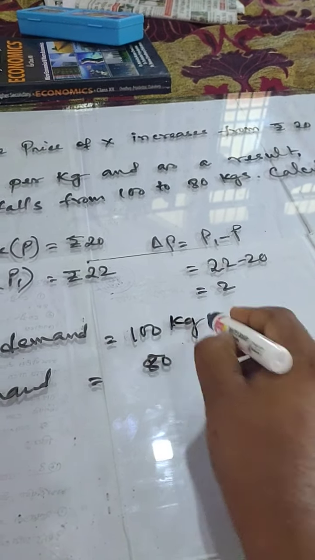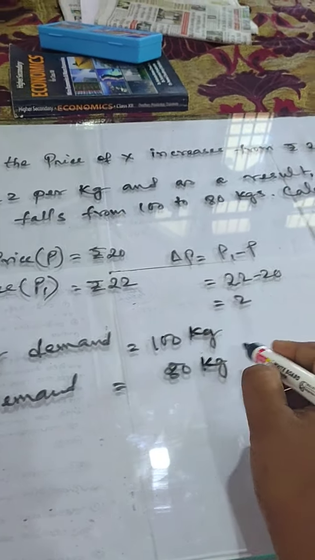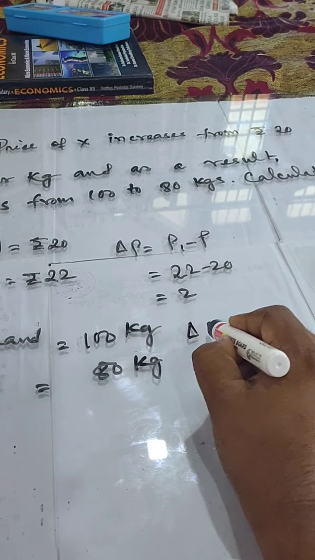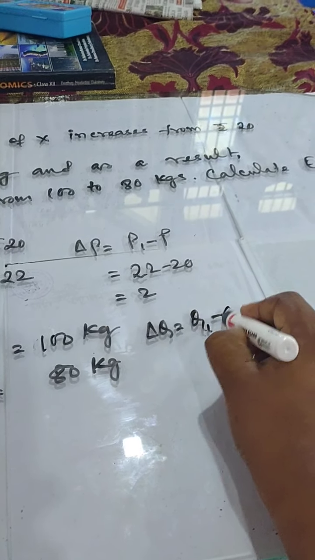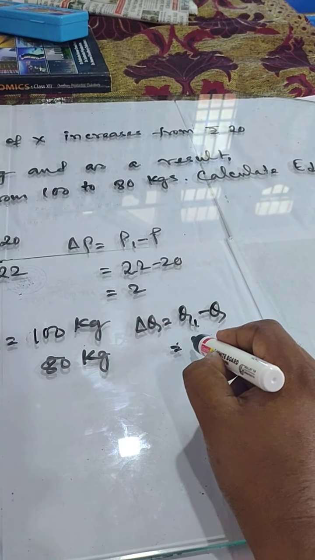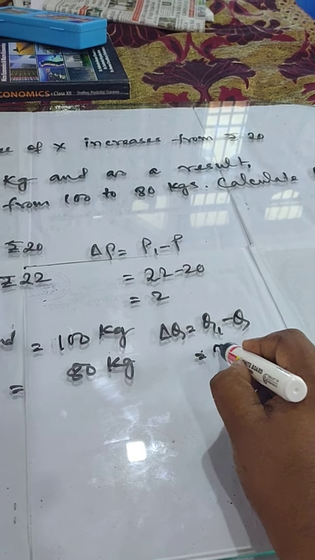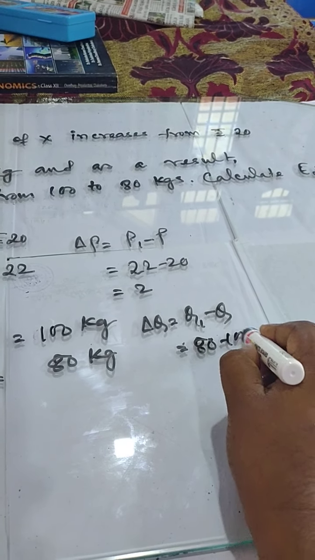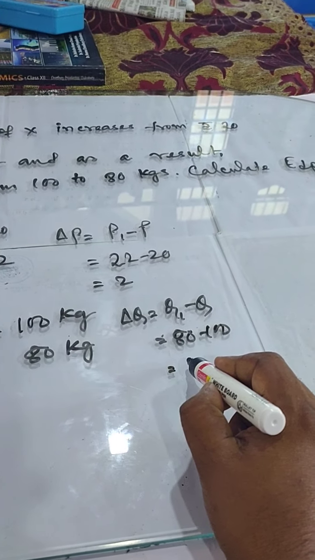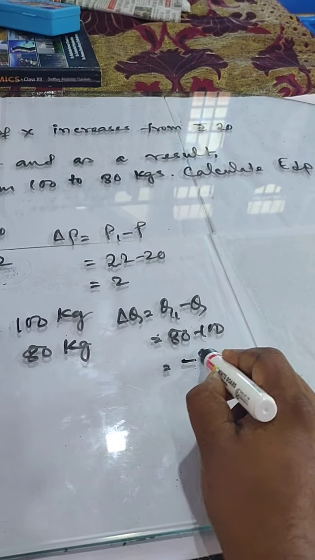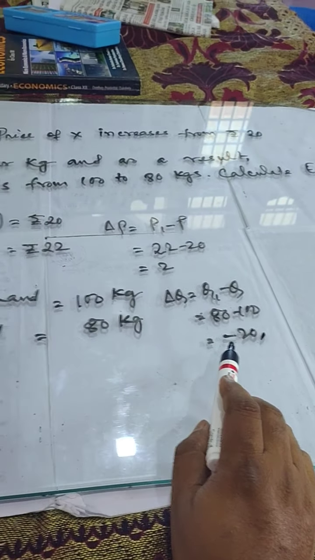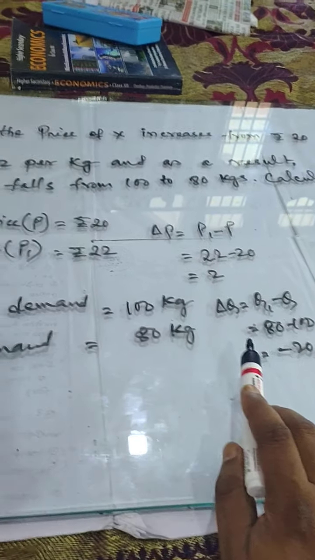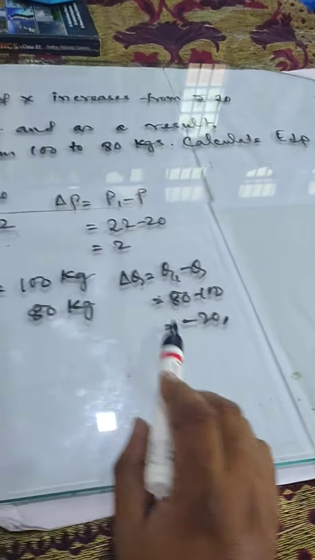Here you write the unit, 80 kg. So delta Q will be Q1 minus Q, that is equal to 80 minus 100. It is what? Minus 20. So delta Q is equal to minus 20. Simple calculation. I think all of you get this concept.